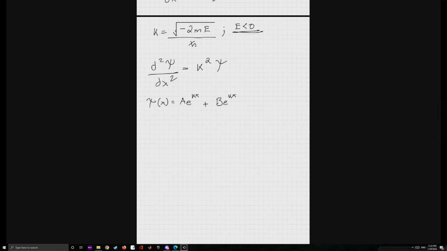A good way to do it, which I won't do but I'll give you as an exercise, is to do separation of variables on each of these, and you will get two different answers.